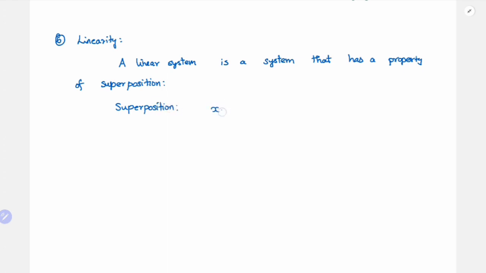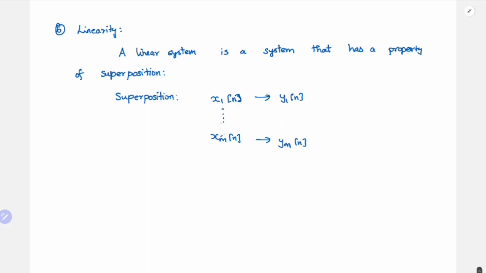So let's say we have inputs x1 of n up to, let's say, xm of n, and they all give outputs y1 of n to ym of n. Then if we have the weighted sum of these inputs, let's say a1 x1 of n plus a2 x2 of n plus am xm of n.